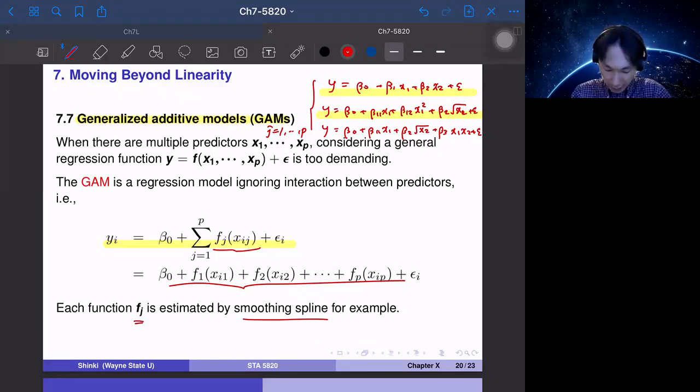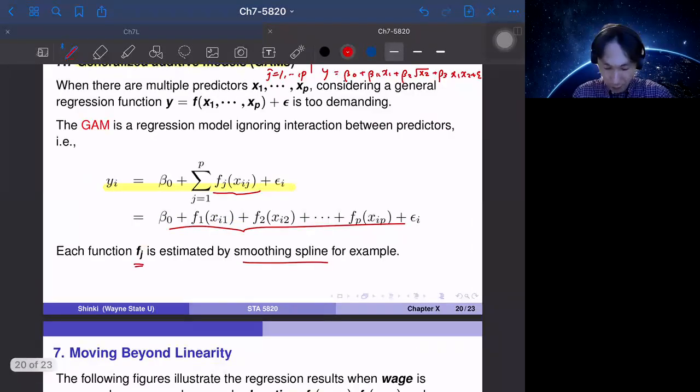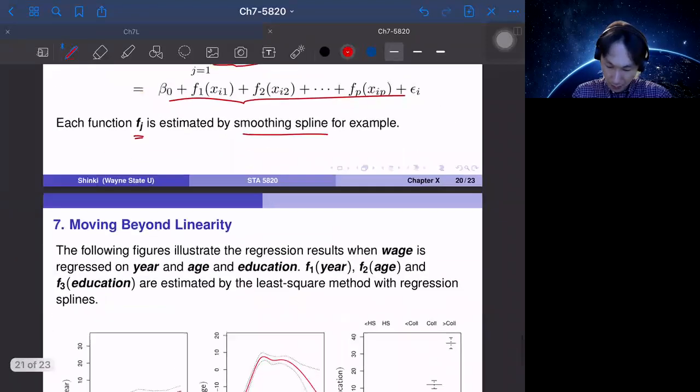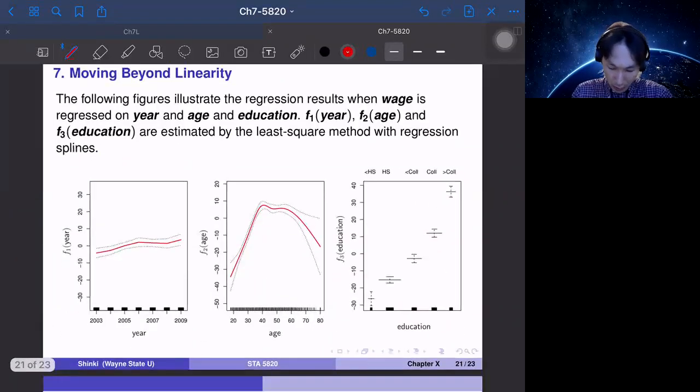We can take fj equal to a polynomial, but that is just in the class of linear models. So we can make fj a smoothing spline. This is one example. We fit the wage on year, education, and age.